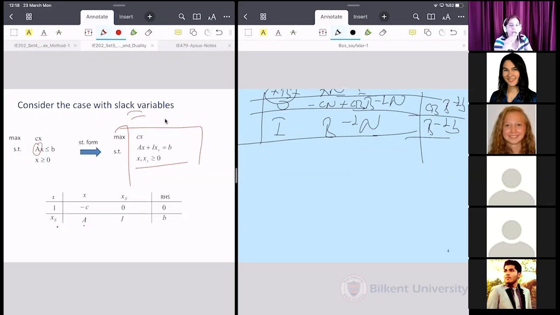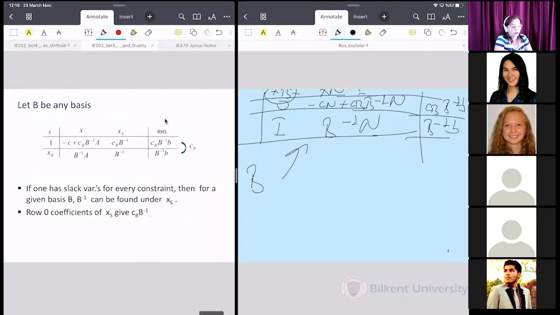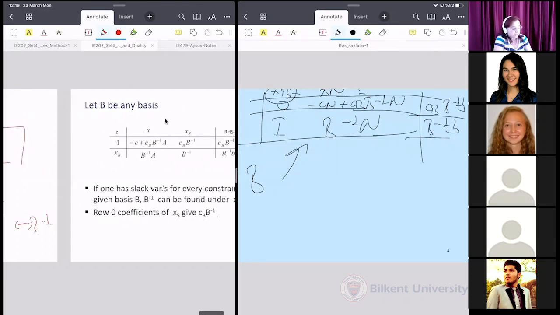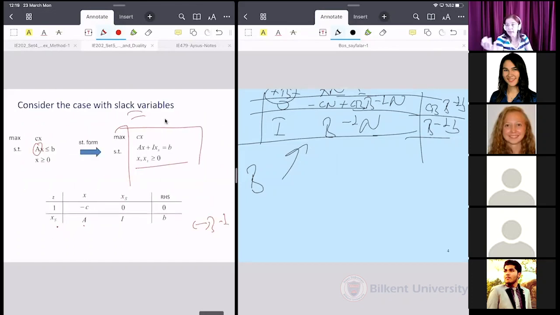Now, any simplex table with a basis B is like this. So let's see how it's going to be if I do it in here. All I'm supposed to do is multiply this part with B inverse. And there it is. I'm multiplying at any iteration.